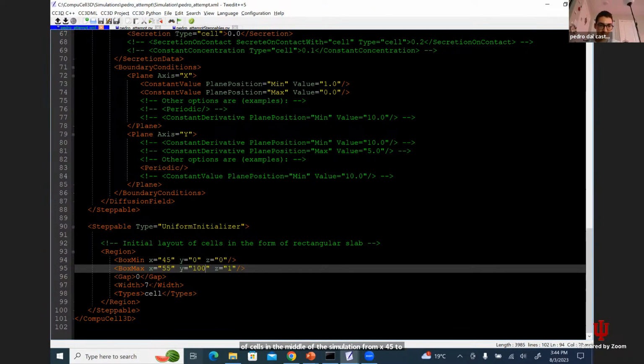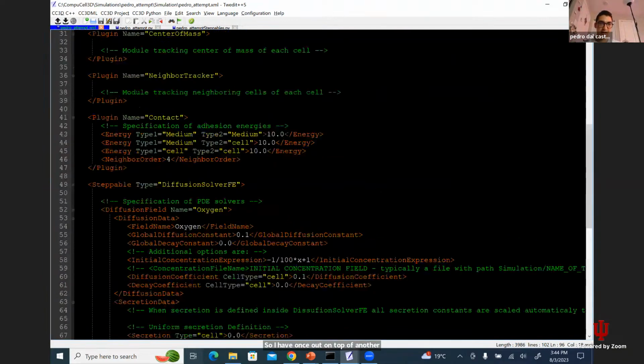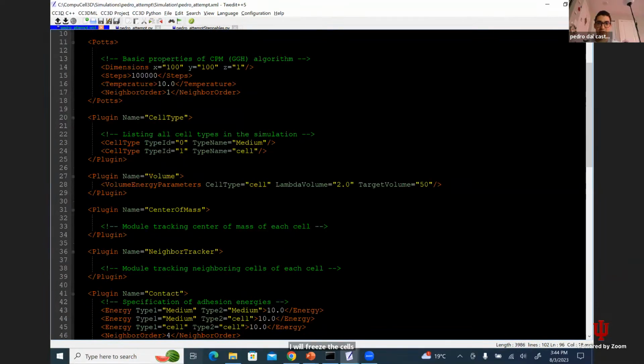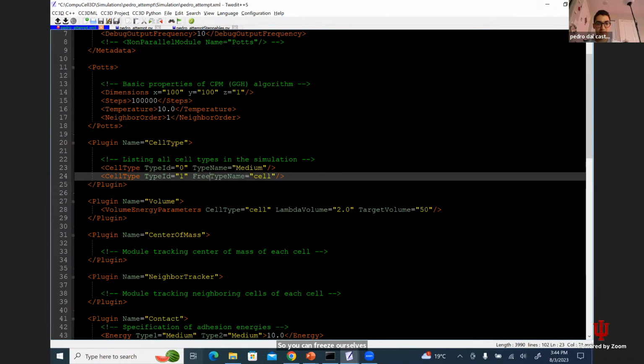Okay. I will set the width to 10. So I have one cell on top of one another. I will freeze the cells. So you can freeze your cells by typing freeze in your cell type plugin.